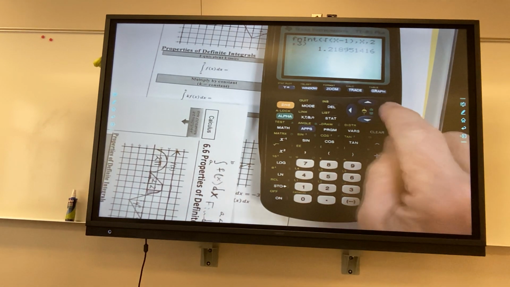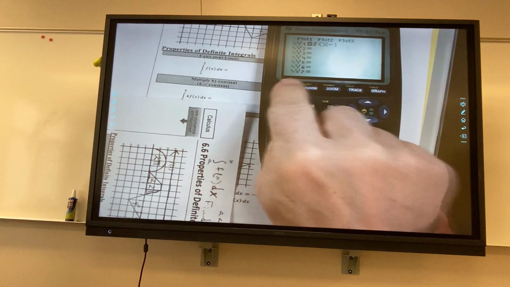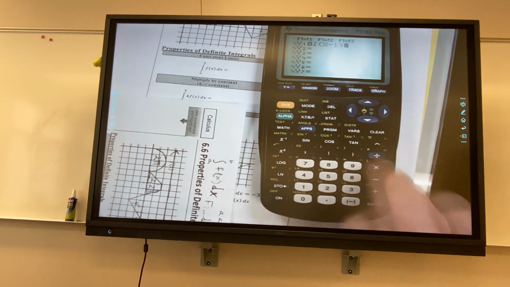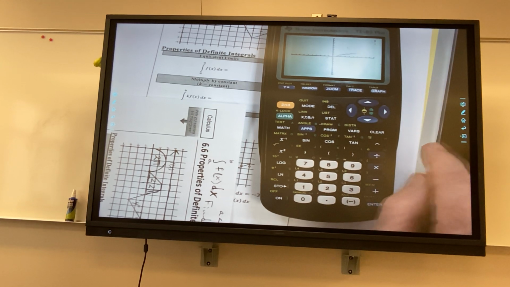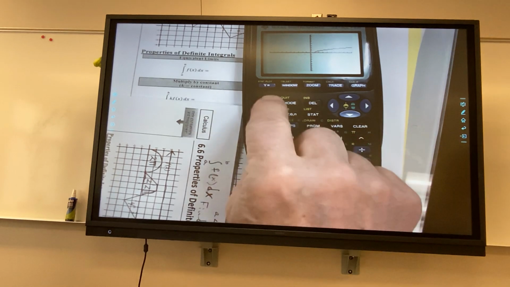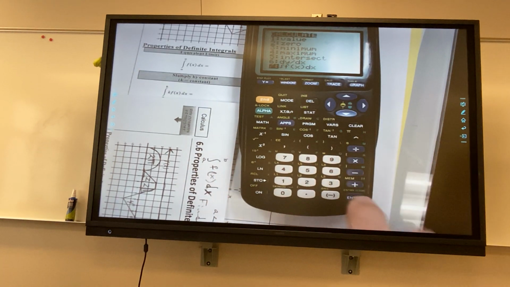The second way to do it is you can go to graph. Oh, you already graphed it, huh? Yeah, you already figured out how to do this. Okay, so there's the graph. And you can go second, calc, and right down here there's an integral. Press enter.